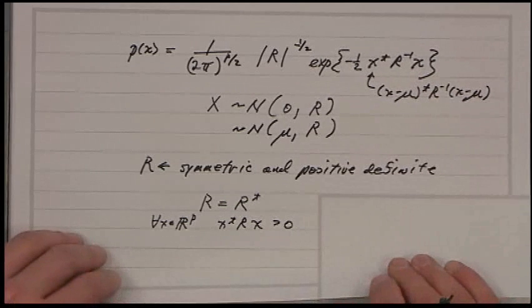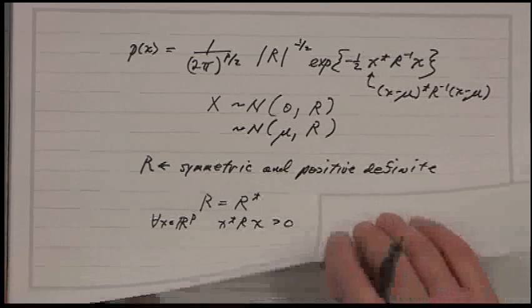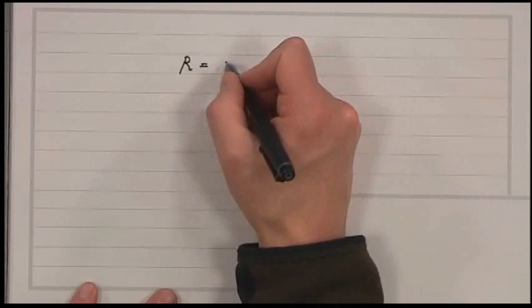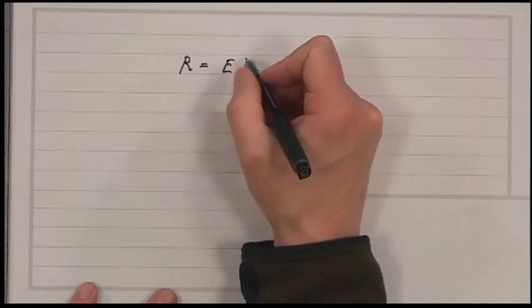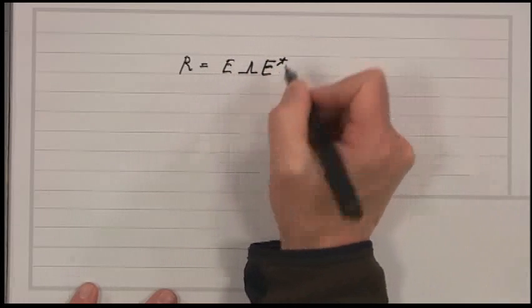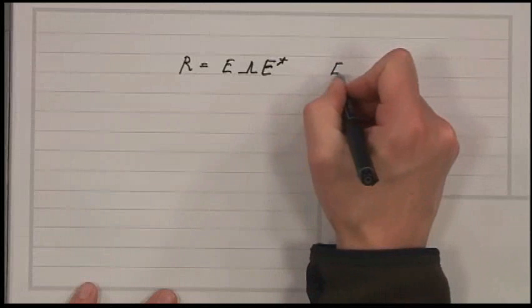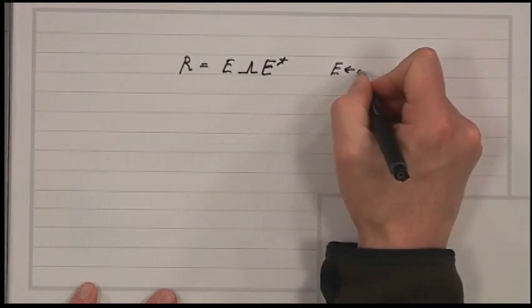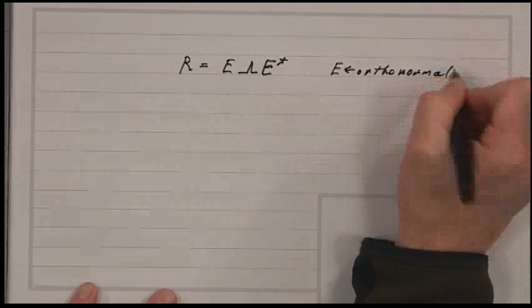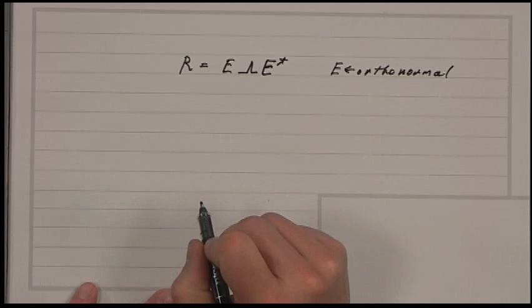Okay, so now what happens is that for any positive definite symmetric matrix R, you can find the eigen decomposition. The eigen decomposition has the form E lambda E transpose, where E is an orthonormal matrix.